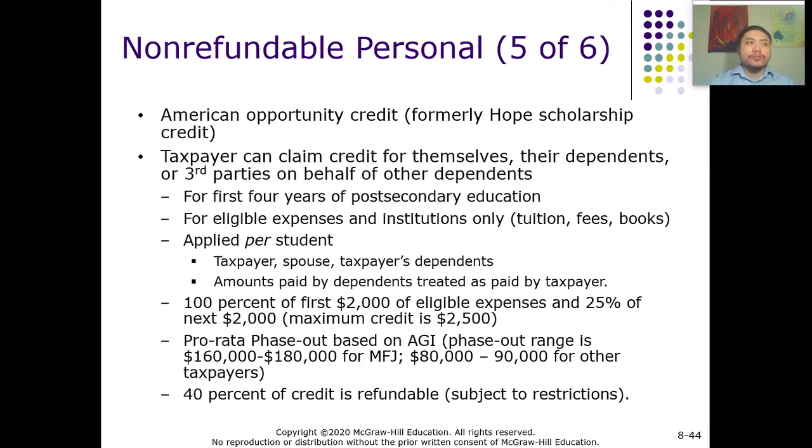So pretty much, if you go to college, the expenses that you pay for the first 4 years of college, if you're paying such expenses, you can claim this program. You can claim the credit from this program.